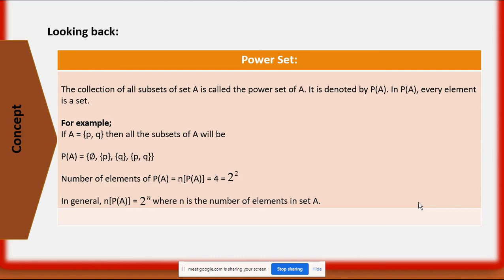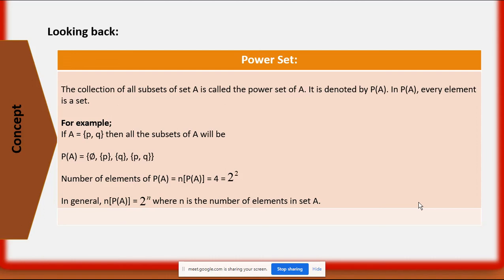The collection of all the subsets of set A is called the power set of A. It is important. It is denoted by P(A). For example, the set A has P and Q, 2 elements.